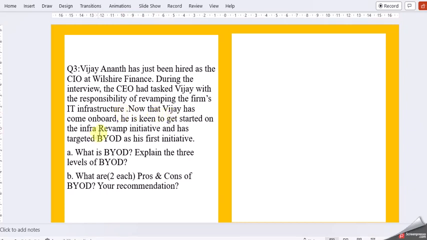Now that Vijay has come on board, he's keen to get started on the infrastructure revamp initiatives and has targeted BYOD as his first initiative. So, what is BYOD? It is the concept of bring your own device. Explain three levels of BYOD.